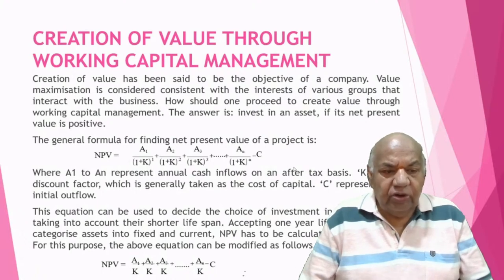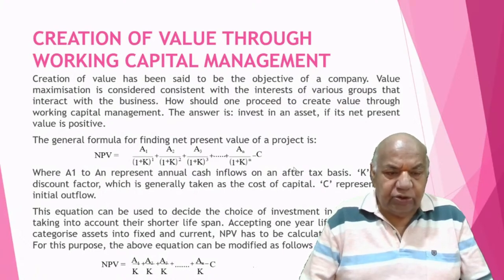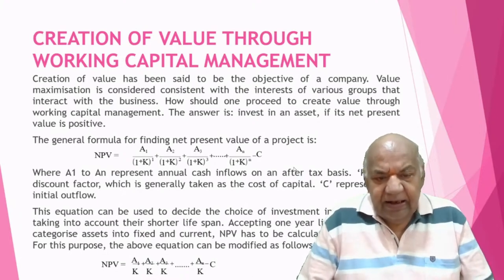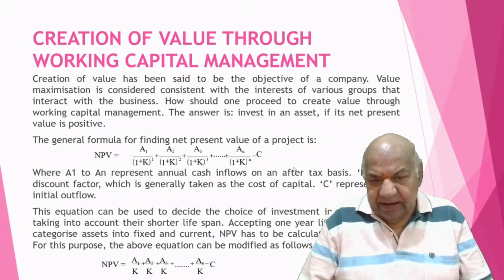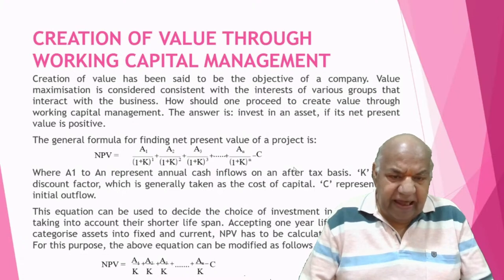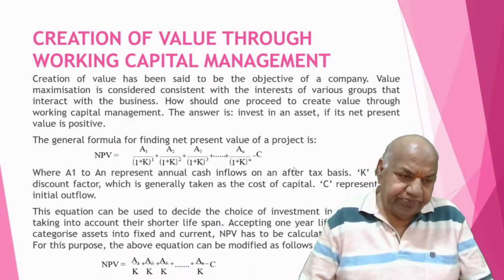net present value is equal to A1 upon 1 plus K raised to 1, and so on. A2 upon 1 plus K raised to 2, so on up to An upon 1 plus K raised to n, minus C. Here A1 to An represent annual cash inflows on an after-tax basis.